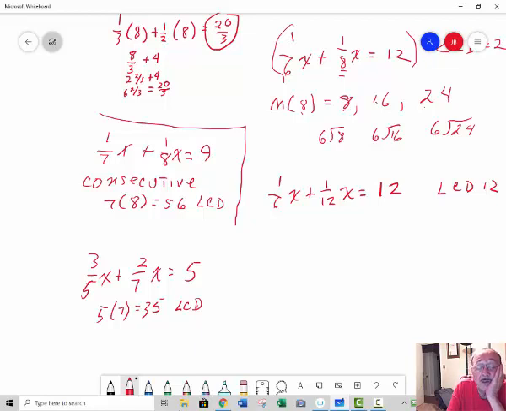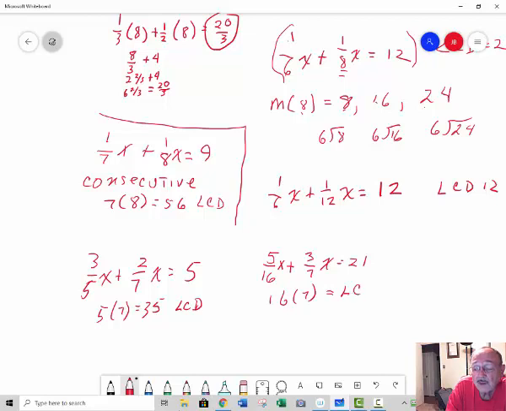Okay, now those happen to be prime. They don't have to be prime. If I have, let's say, 5/16 x and let's say 3/7 x equals 21, I know that there's nothing that goes into 16 that goes into 7, so I know that 16 times 7 is my LCD.